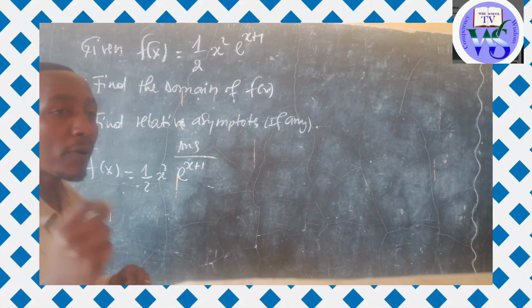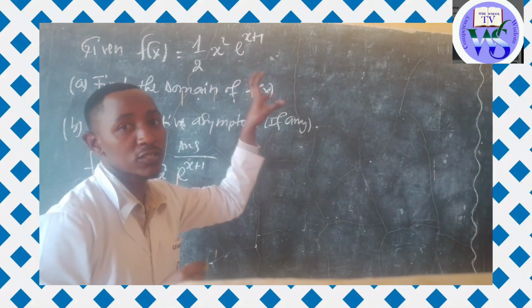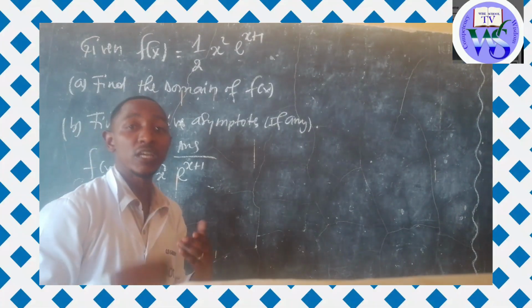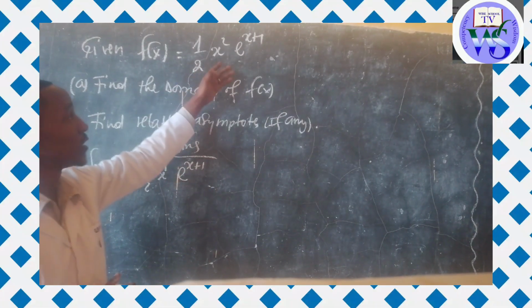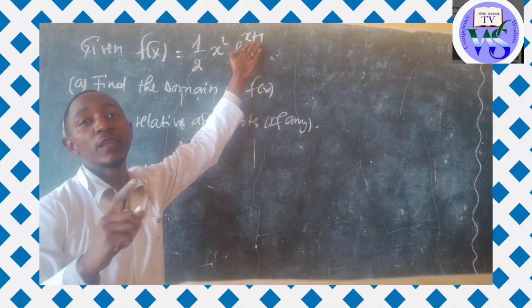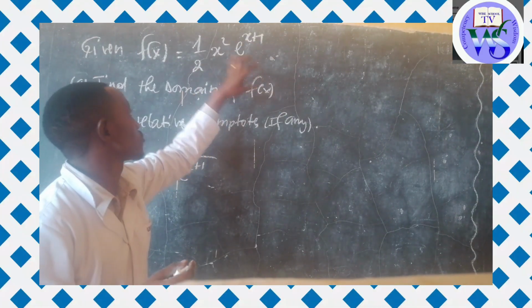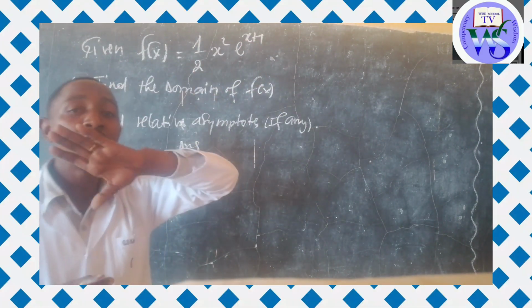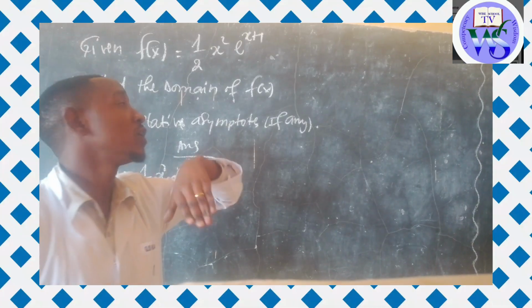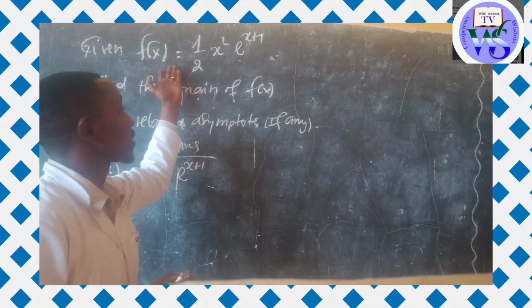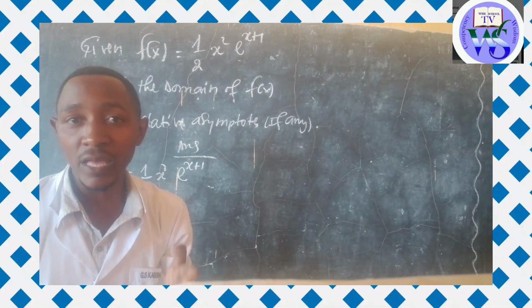Which number can we place in that equation so that our function exists? For that there is no number which can cancel this equation, and no number which can cause this function to be impossible.